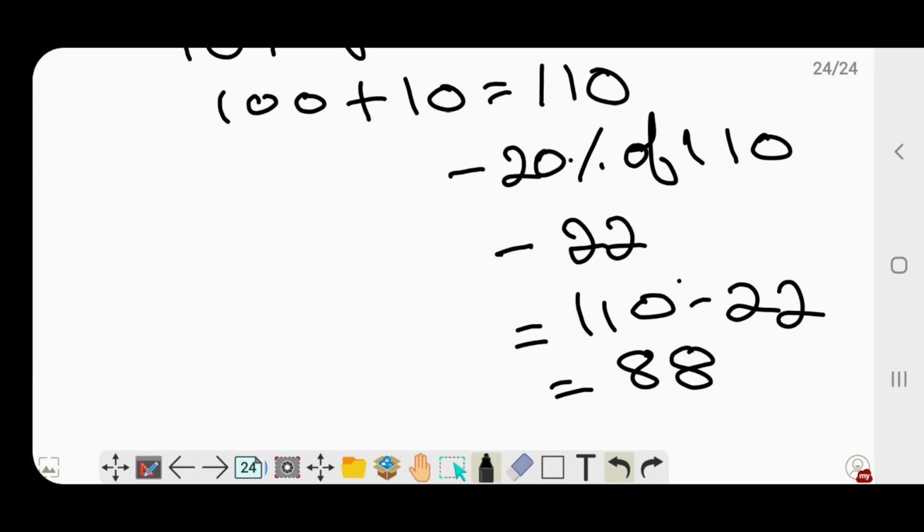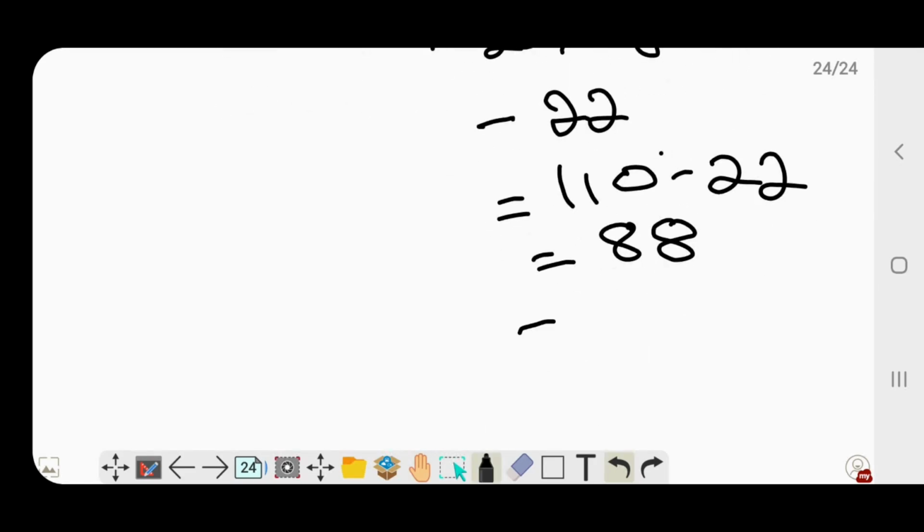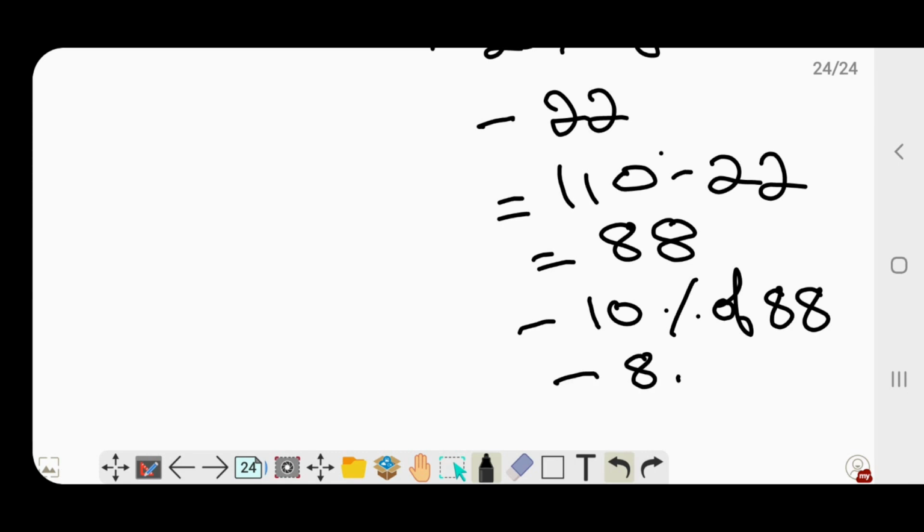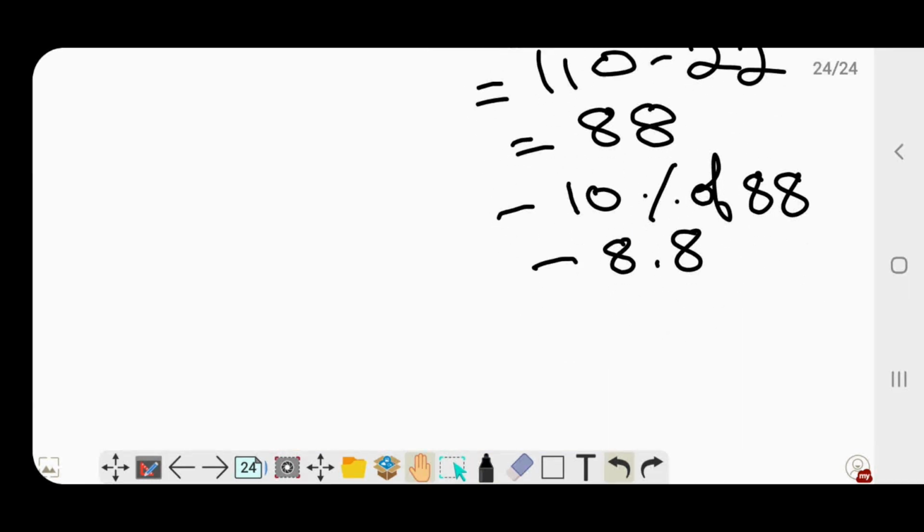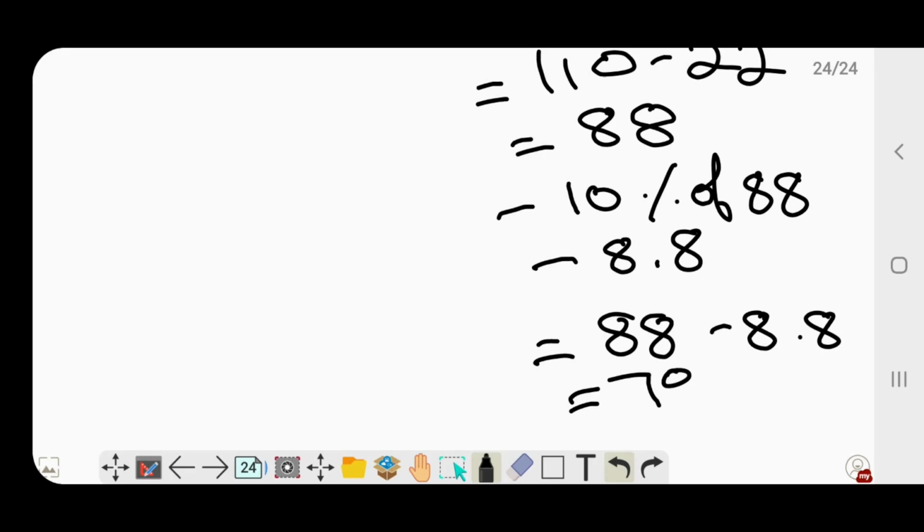And then I would avail a discount of 10%, that is 10% of 88, minus 8.8. So again we end up at 88 minus 8.8, which is equal to 79.2. So this is the third scenario.